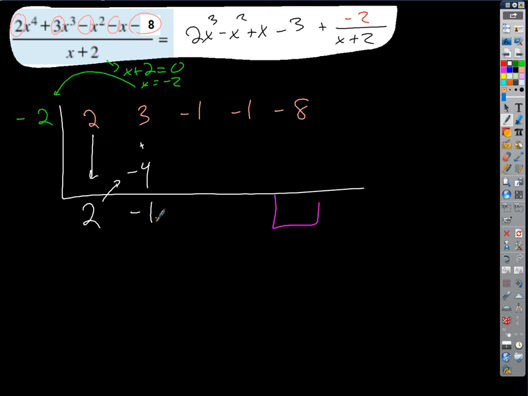Multiply by -2, so -1 times -2 is +2, and we add. What do we get? 1. Okay, now what? One times -2 is -2, I add. Now what? -3, okay? Multiply that by -2 and I get 6.